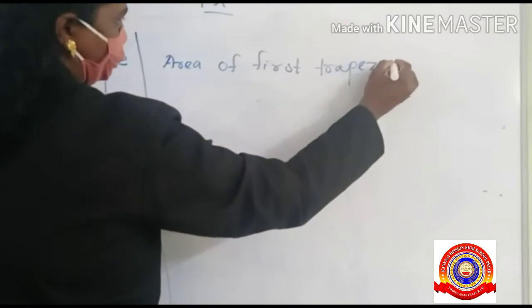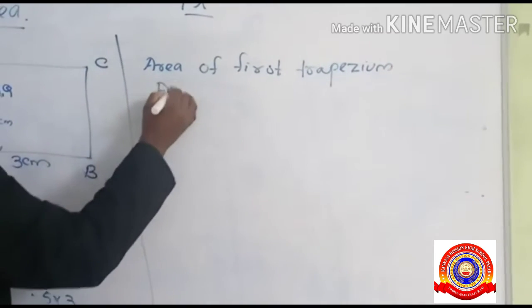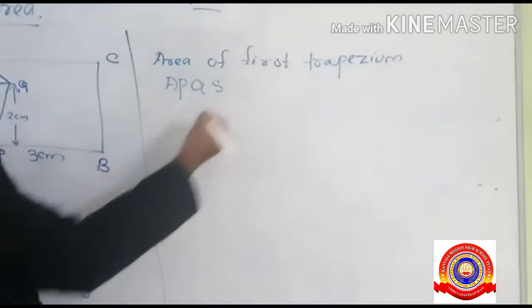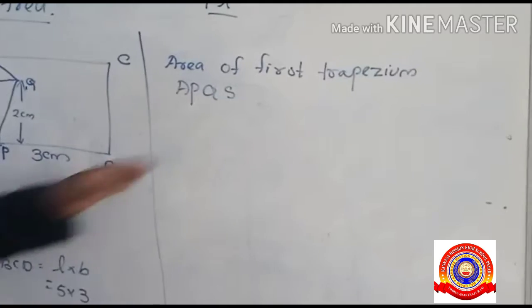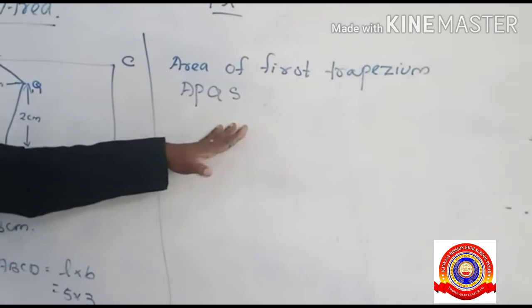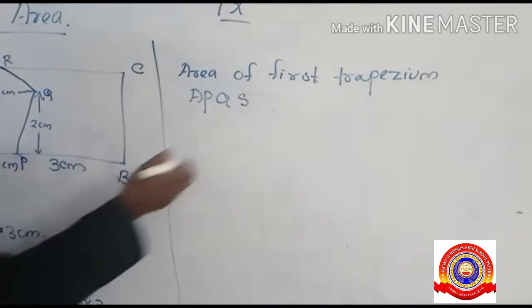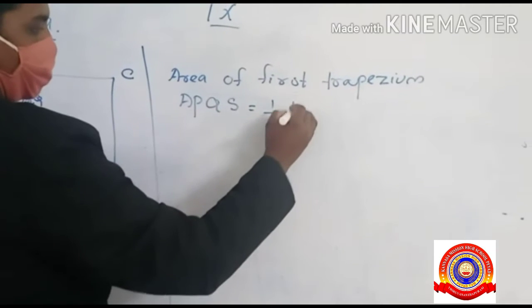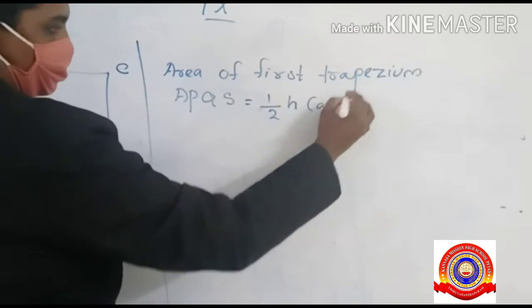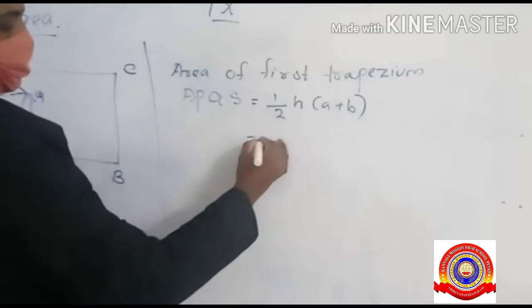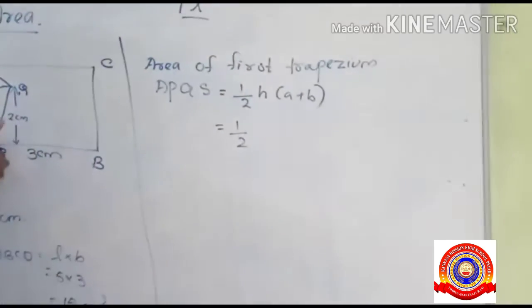children, can you say what is the area of a trapezium? Yes, very good. It is equal to half h into a plus b, equal to half into, what is the height of the given trapezium?